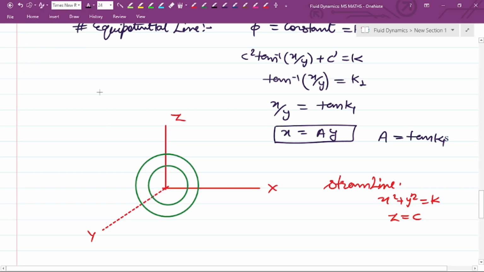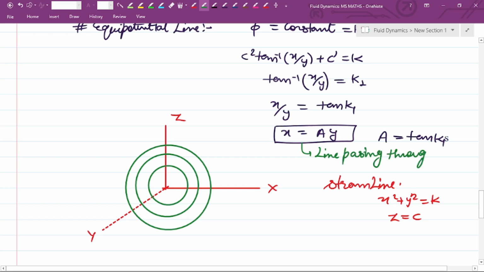Next, in a similar manner, we can represent it in this way. This will be the family of circles. And now the equipotential line will pass through the origin. This is the line passing through the origin.